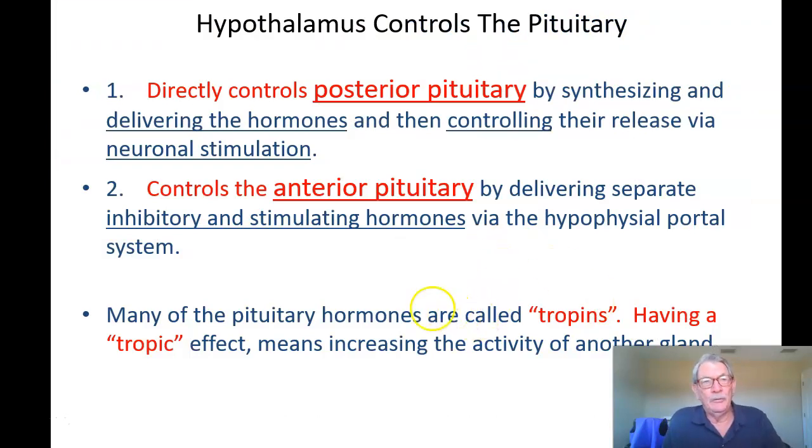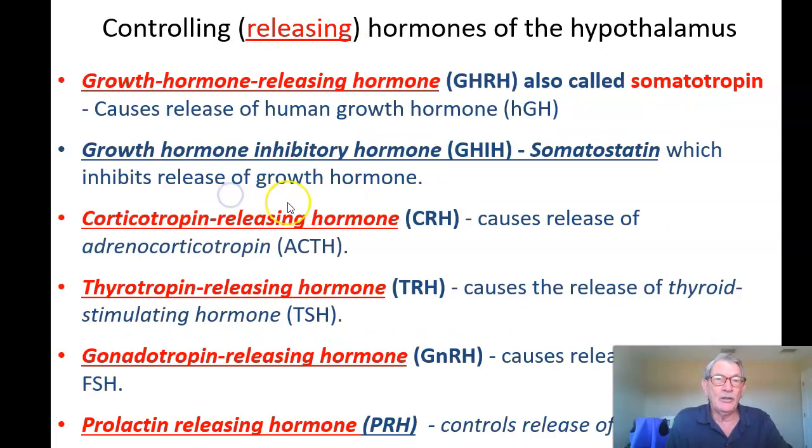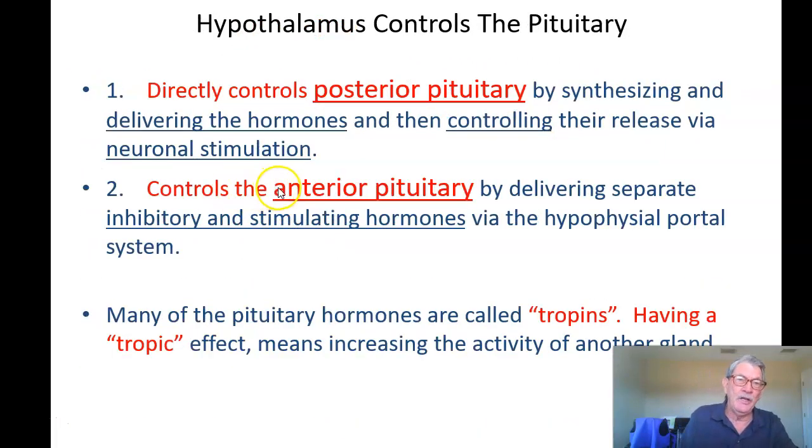hormones. So the hypothalamus then is the main control center. Hypothalamus controls the posterior pituitary by sending the hormones out the back, and it controls the anterior pituitary by sending its hormones into the anterior pituitary to turn it on. The hypothalamic hormones are called tropins.